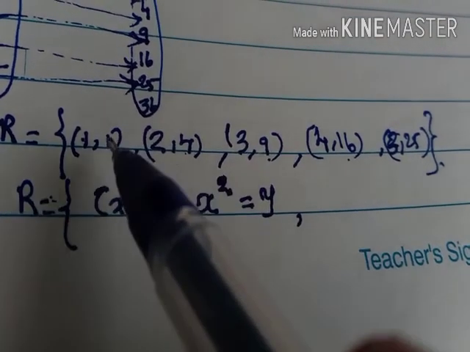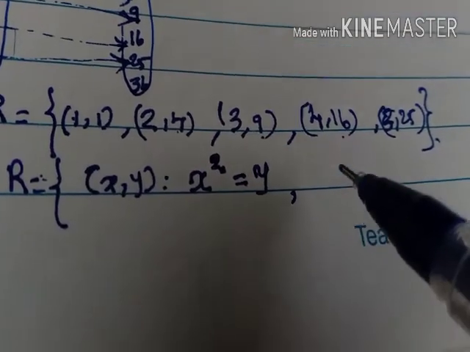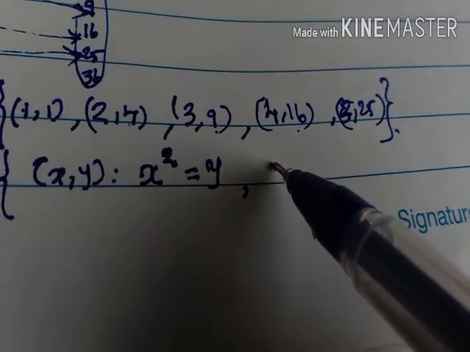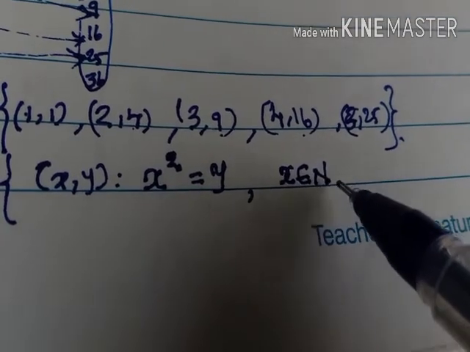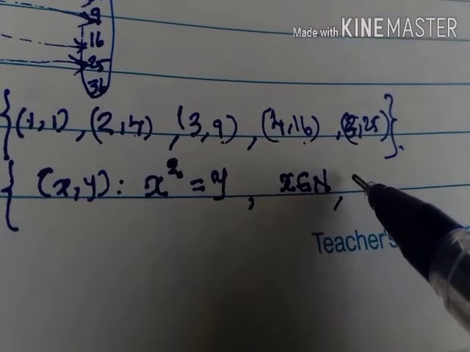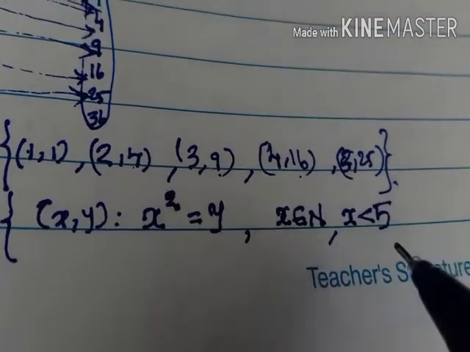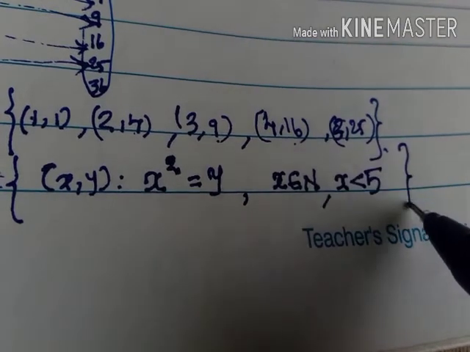Now, how many x values are there? 1, 2, 3, 4, 5. So we can add a condition: x belongs to N, x is a natural number and x is less than 6.